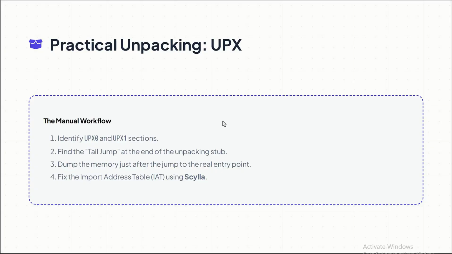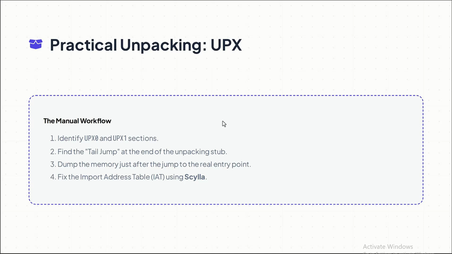Well, for practical unpacking of UPX, you can just follow this workflow, like identify the UPX0 and UPX1 sections. Simply, sometimes you can identify the packing from the section names, because when you pack or compress the sample with UPX, ASPack, and Themida, it creates its own sections in the section table like UPX0 and UPX1, and so on.